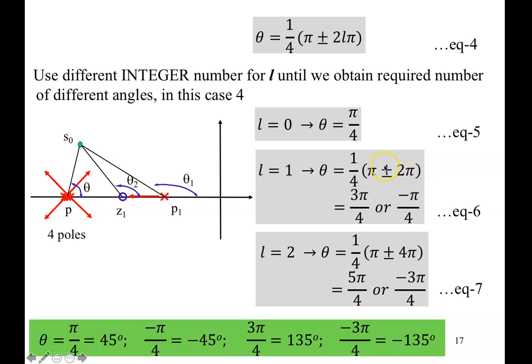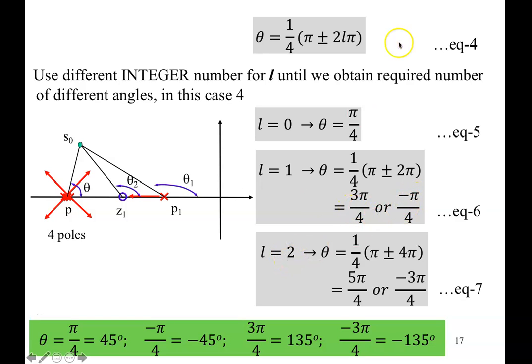The plus gives me 3 pi over 4. The minus gives pi minus 2 pi, which is minus pi, divided by 4. So I get 2 answers here: 3 pi over 4 or minus pi over 4.